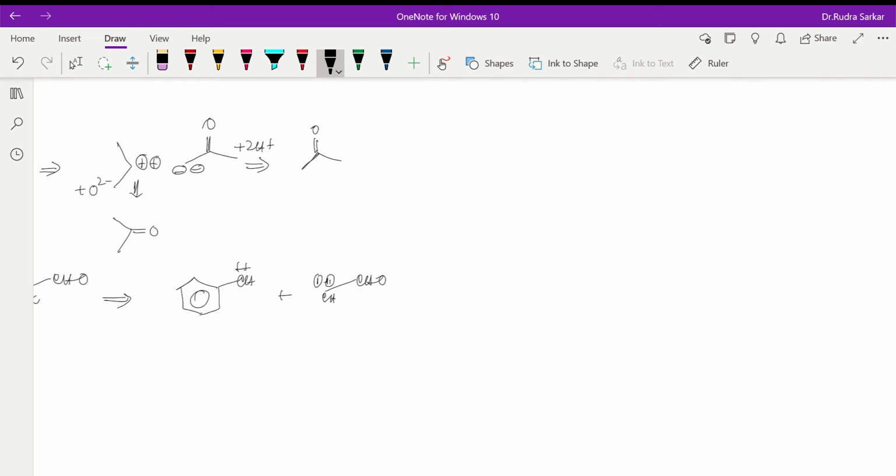Obviously CH is there. From here you will be getting, after hydrogen, CH3CHO, and here you are adding O2 minus. So this is your benzaldehyde.